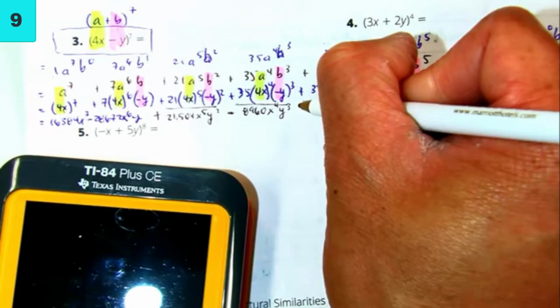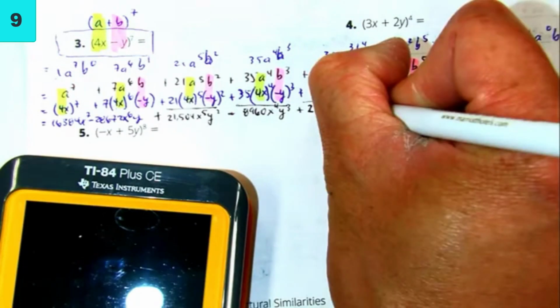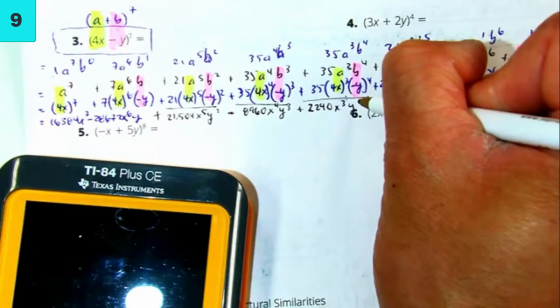Yep. 2,240 x to the y. Y to the what? Just y.